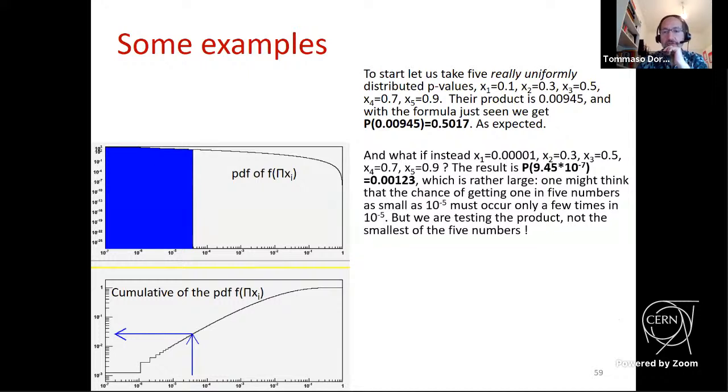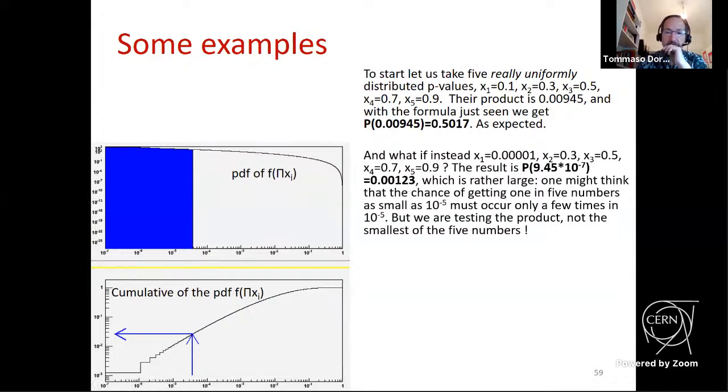But now suppose that instead one of these 5 numbers was very small. Suppose that x1 is 10 to the minus 5. The product of these 5 numbers, where we have only modified the first, is 10 to the minus 6. And the probability, given the formula that we already said, is 10 to the minus 3.